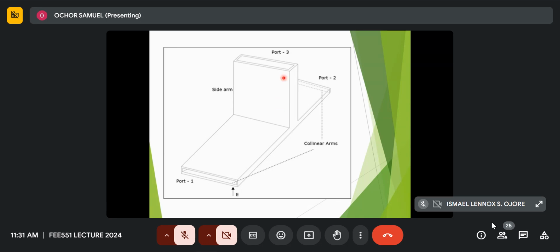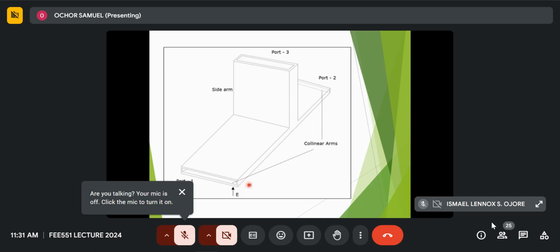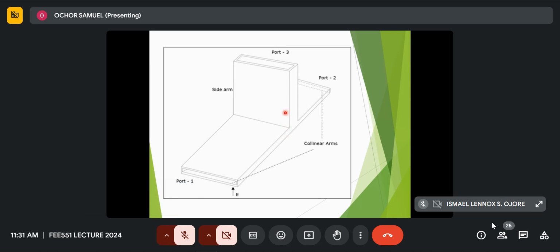That's the main arms, and this one that is added is called the side arm. If you look at the orientation of the E field, it is pointing upwards, right? Since it is pointing upward, the side arm is placed in the same direction. So the side arm is parallel to the E field, and that constitutes the E-plane T junction. That's how it is constructed.